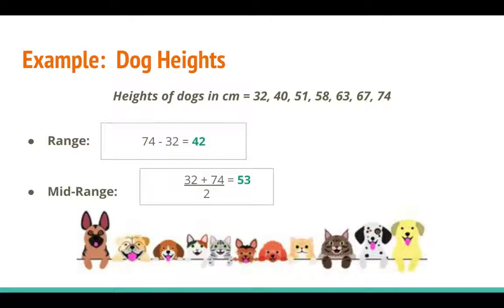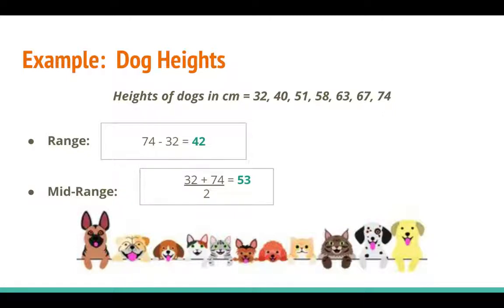Okay, so I use technology to do these calculations. So here we've got a data list, a distribution, heights of dogs in centimeters, and they span from 32 to 74 centimeters in height. So our range is 74 minus 32, which is 42. Our mid-range is going to be smack dab in the middle of that range. It's different than the median, though.